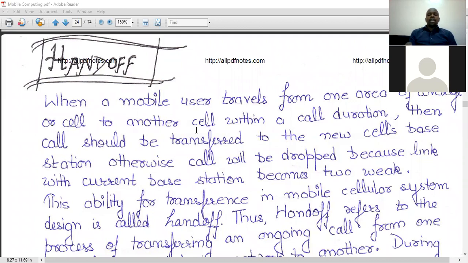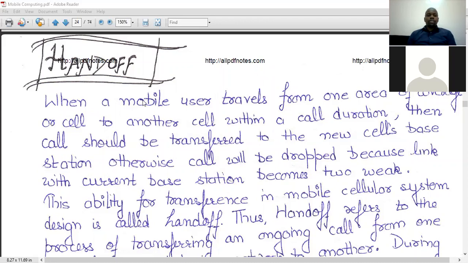So handoff will have to be done. The reason being, the frequency that you're using is going to change because you are entering into another cell. So handoff is the handing over of control of a frequency from one base station controller to another. Are we together?